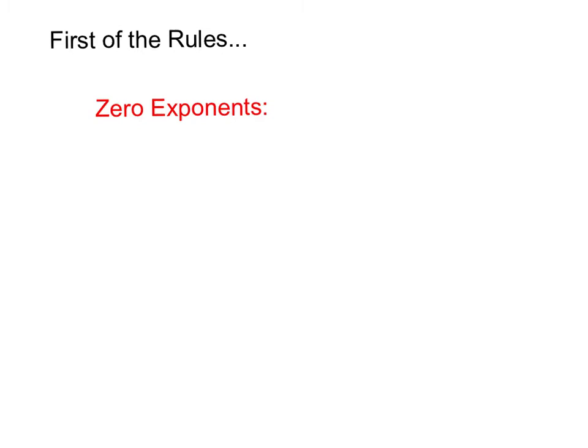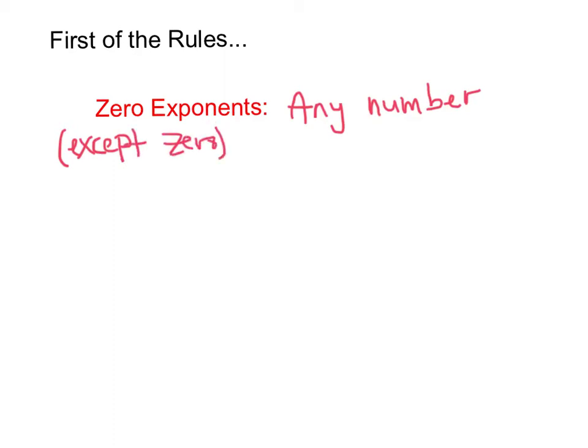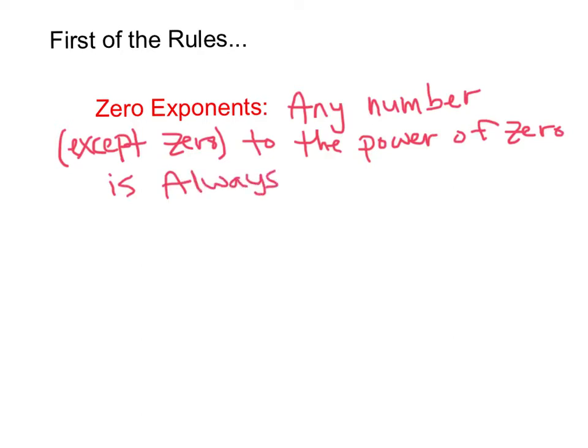Anytime we encounter a zero exponent, we can say any number, except 0, to the power of 0 is always 1.